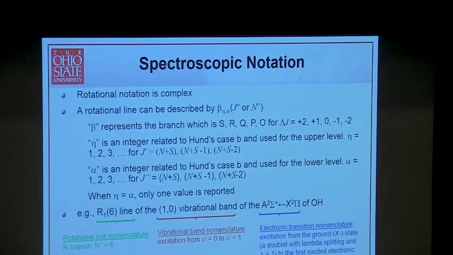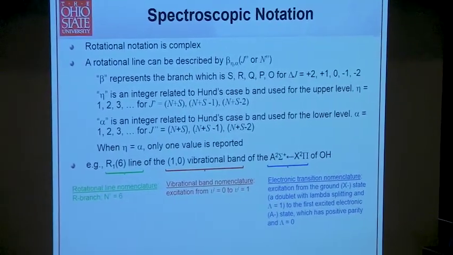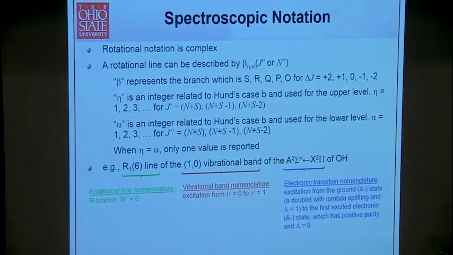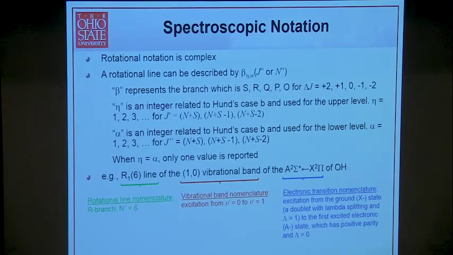So, getting to the end of this, how do you read something like this? You've gone to the paper, you see this. Let me at least leave you with one bit of useful information. What you would say is that this R16 designates that you are in the R branch and that N double prime is equal to 6. So your quantum number is 6, and it's the N quantum number. Okay?